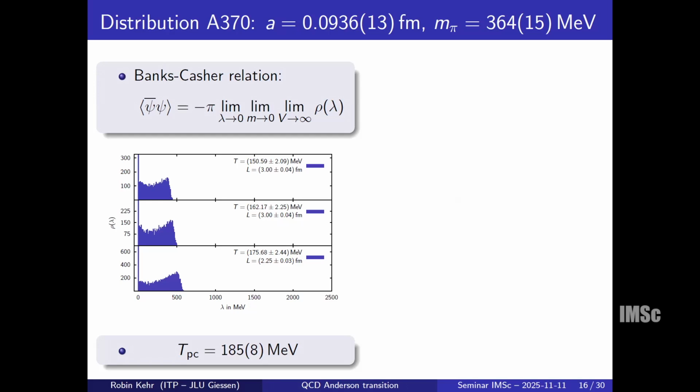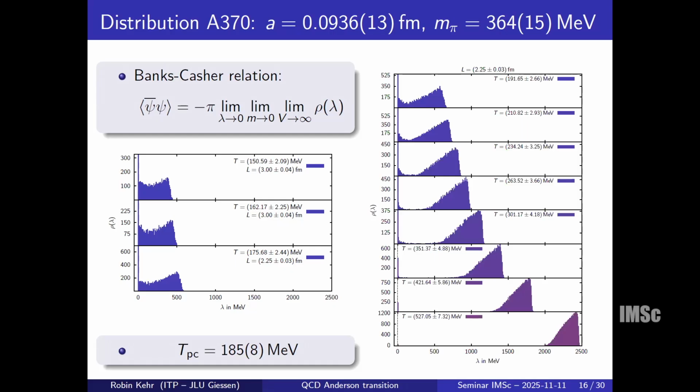This makes sense. And if we go above, we still see a near-zero mode density, but it starts decaying and eventually vanishes at high temperatures. This makes sense because we have a crossover and no sharp phase transition, so we don't expect it to disappear immediately after the crossover.